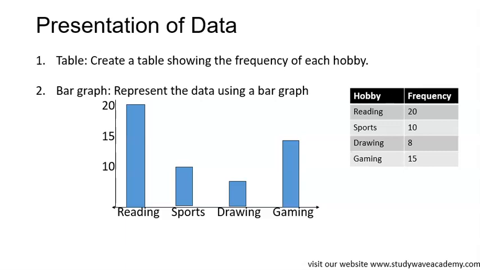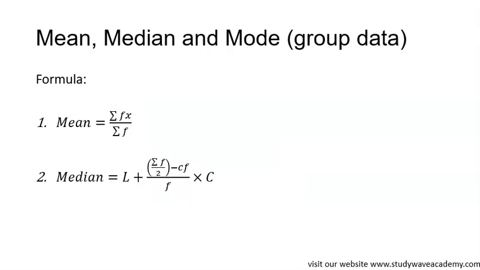So now we are going to be looking at mean, median, and mode of grouped data. When you collect your data and you want to find the mean, median, and mode, which is the average of that data, the middle of that data, and the most frequent of that data, in grouped data there is a formula you use, okay? The main formula for grouped data is the sum of fx over the sum of f.